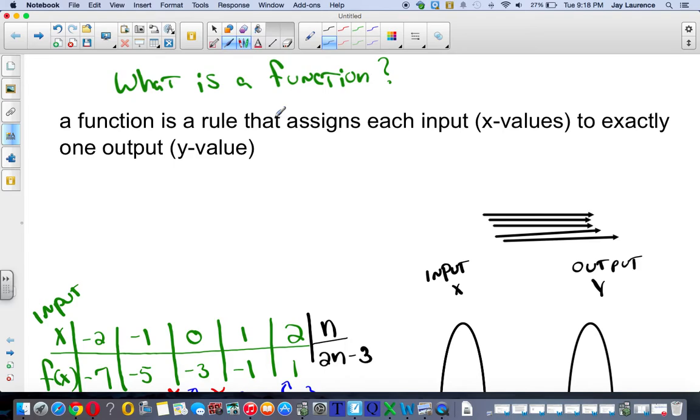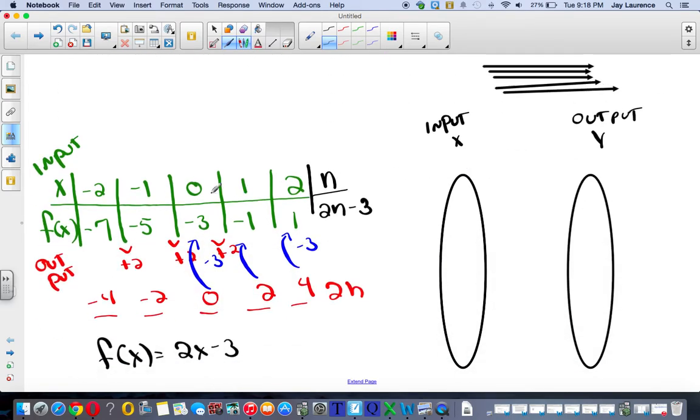By the way, there's another way to express functions or test if something's a function. You list your input, or what we call the domain, and you list it: negative 2, negative 1, 0, 1, and 2. And then the output is your range. Range, these are important definitions. Negative 7, negative 5, negative 3, negative 1, positive 1.